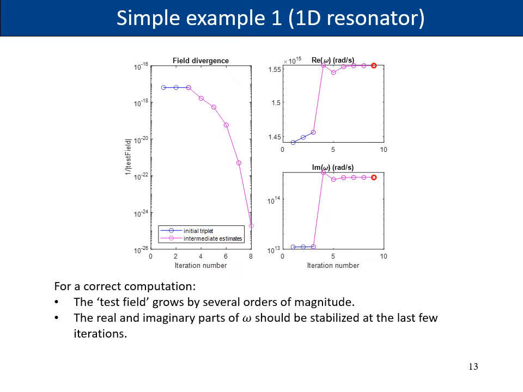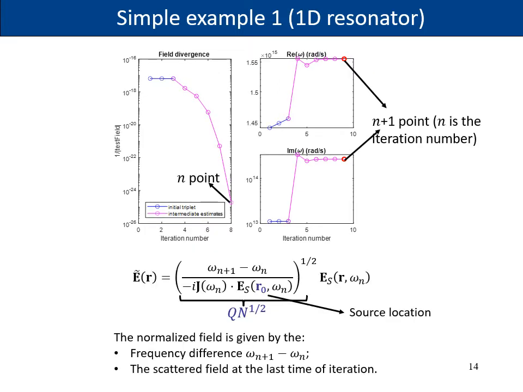The other two panels show the real and imaginary parts of the frequency. If your computation is accurate, this value should stabilize in the last several iterations. You may have noticed red points in the panels of frequencies.